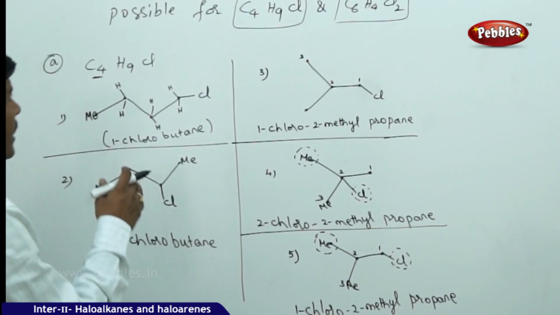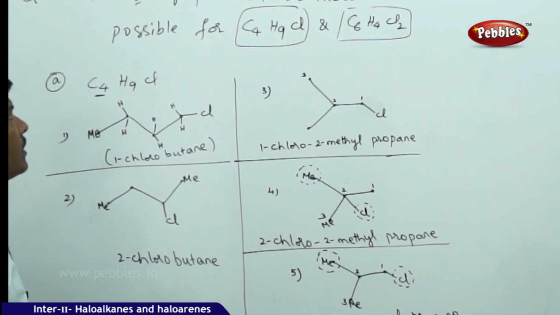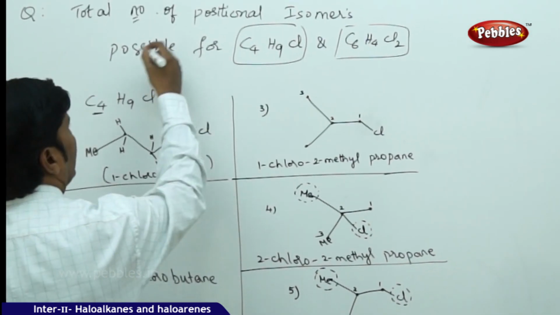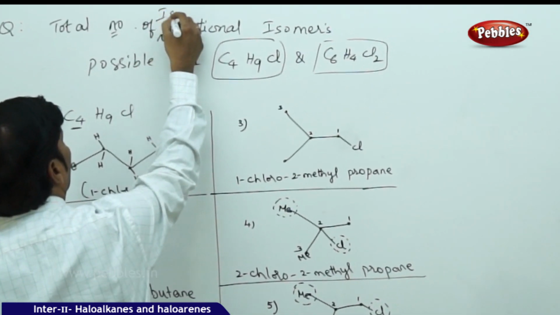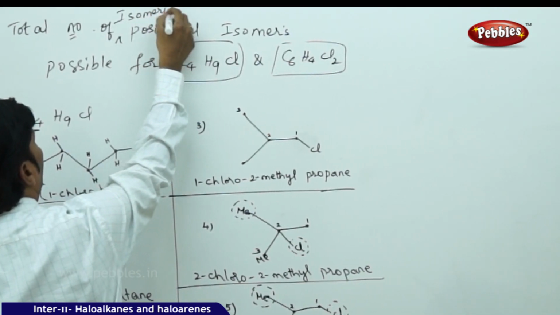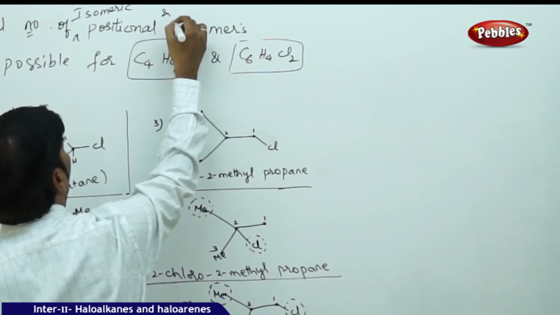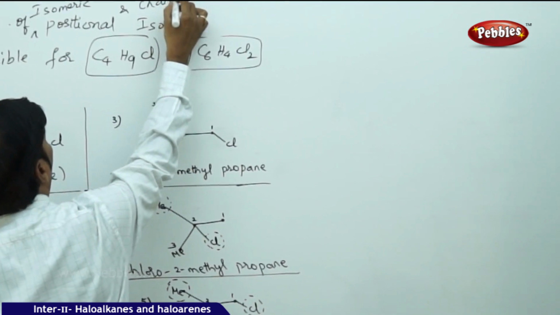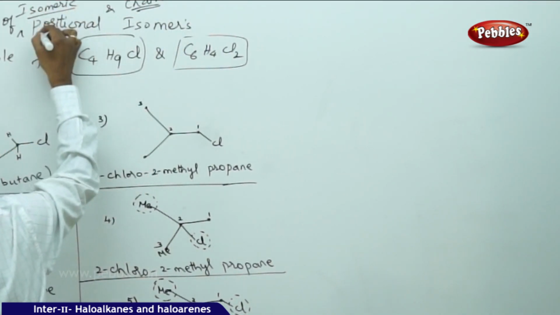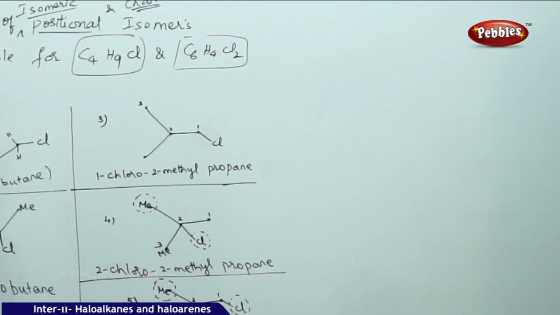So that means we can very clearly say that the isomerism here is positional and chain. I am using one more word here because in these structures we are able to find both positional isomers as well as chain isomers.